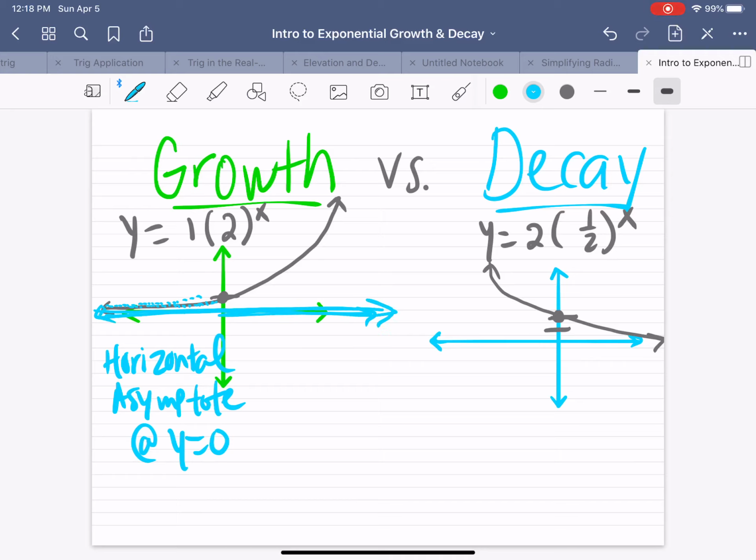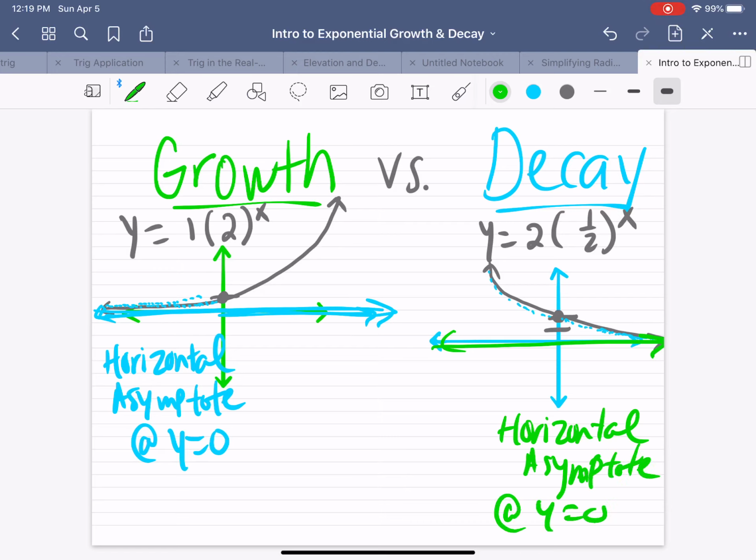So y equals 0. If we look at the problem on the right, the decay problem, if I look at the graph from left to right, it is decreasing and it is going flat, or in other words, it is approaching y equals 0. So again, the horizontal asymptote here is also at y equals 0, because it approached 0, but it never touched 0.